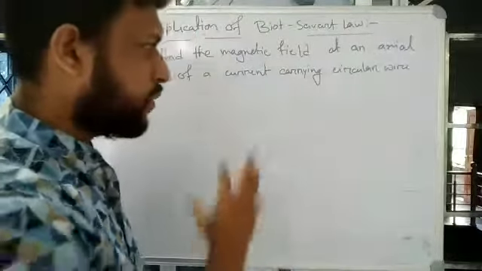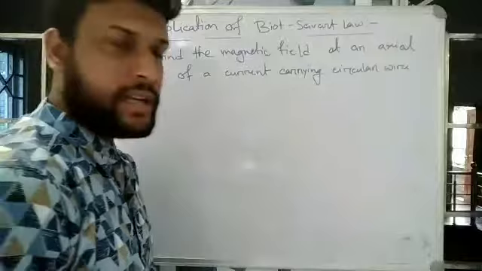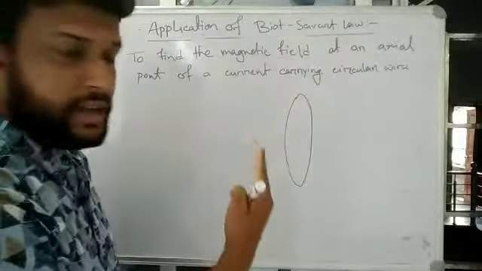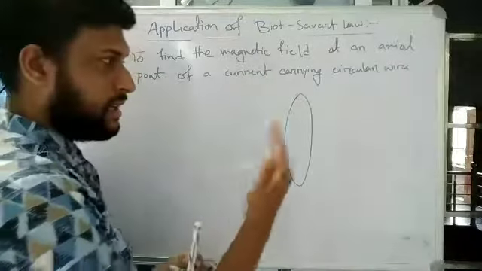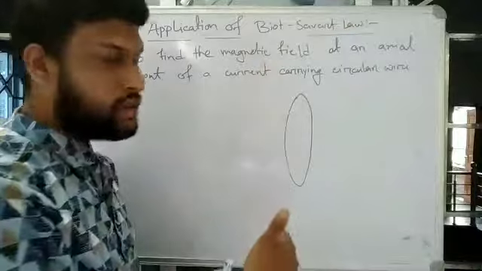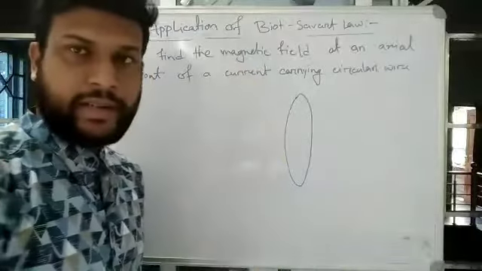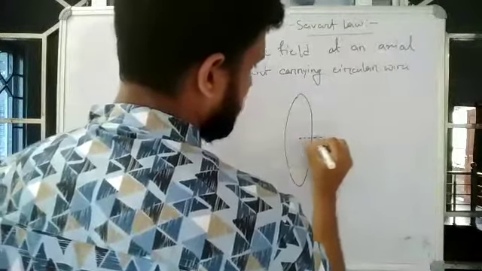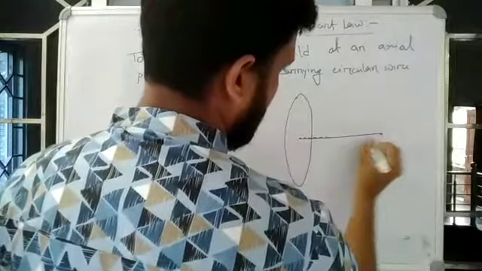The situation I am going to now express by a diagram. Suppose this is the circular wire. Now think of it in this manner, that it is in the plane. Or sorry, it is intersecting the plane. And then this is the center, and from the center the point is somewhere here.